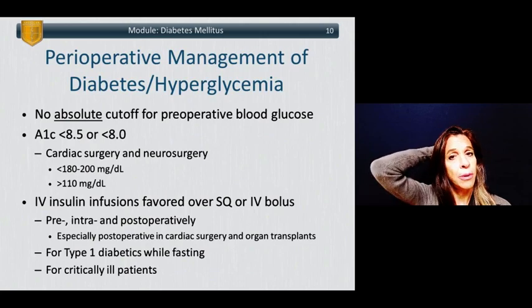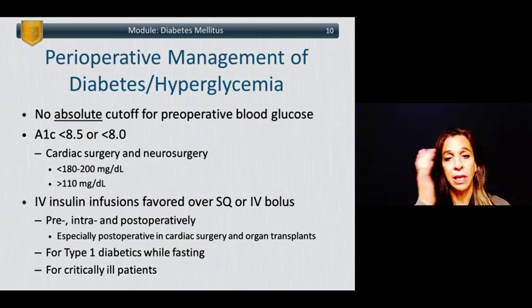So what is the perioperative management of patients with diabetes and hypoglycemia? Well, there's no absolute cutoff for a preoperative blood glucose level or hemoglobin A1C, though some studies have shown that elevated A1C levels are associated with higher risk of complications, and typically for either cardiac surgery or neurosurgery, elective procedures are delayed for hemoglobin A1Cs of greater than 8 to 8.5.